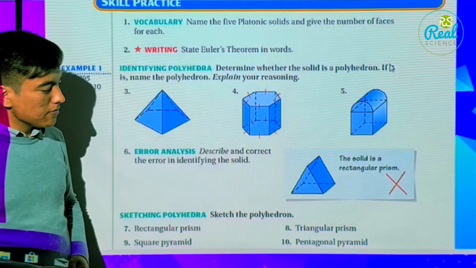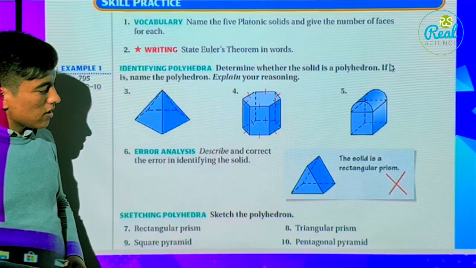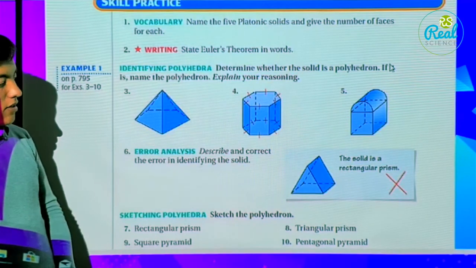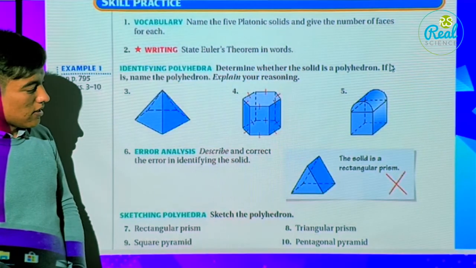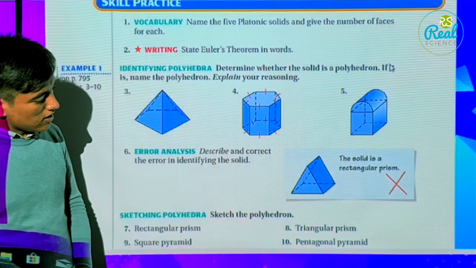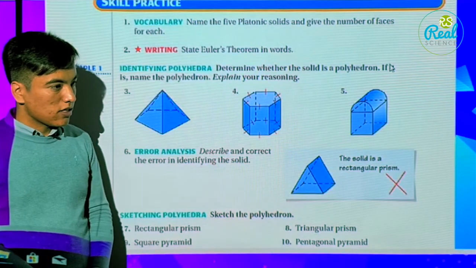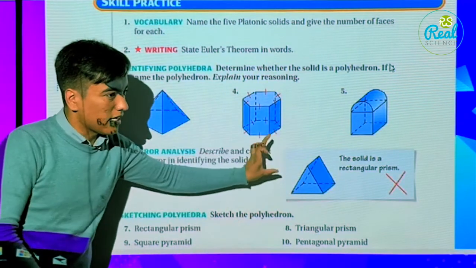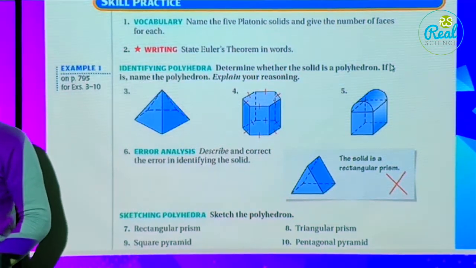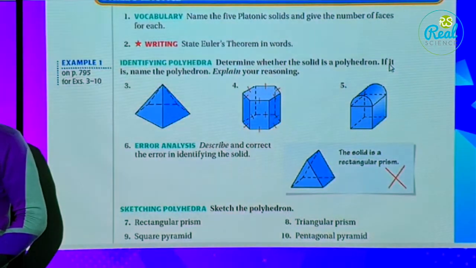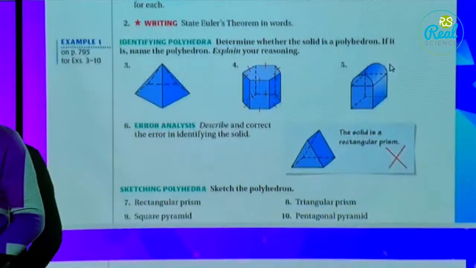Triangular pyramid. The difference is that it lies on its side. That's the reason. Actually, it must be like this. It was a prism, and that's the mistake. Sketch the polyhedron. No, we don't need to sketch.